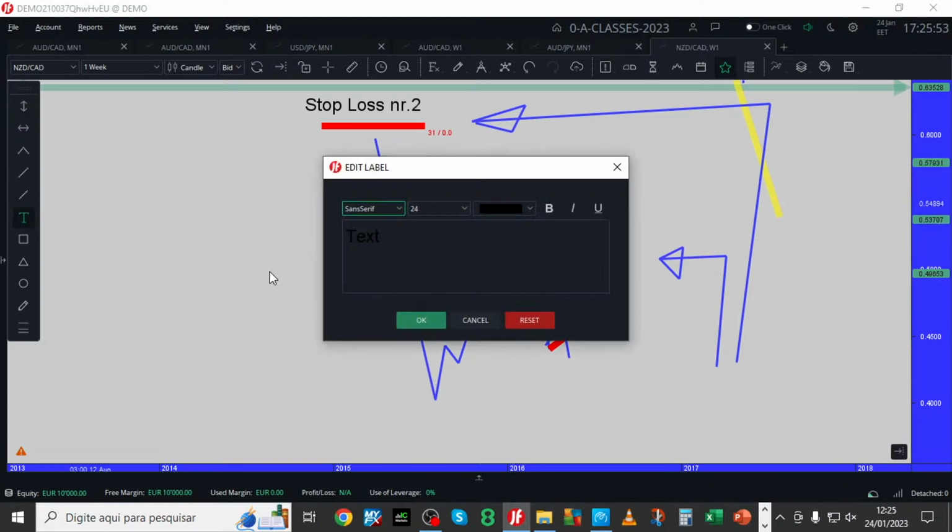Golden nugget for you, everybody. Every specific tradable pattern has its own specific rules of where to put the stop loss.